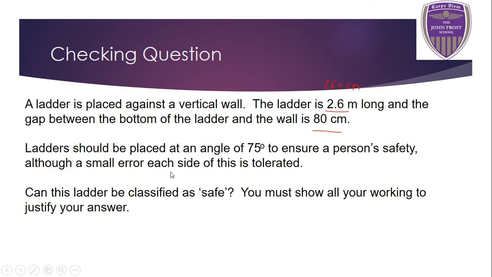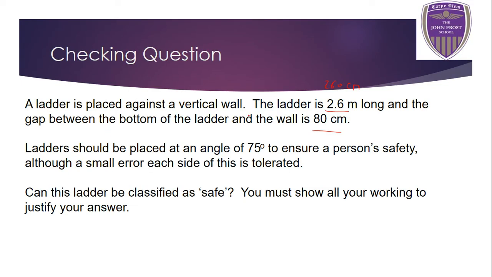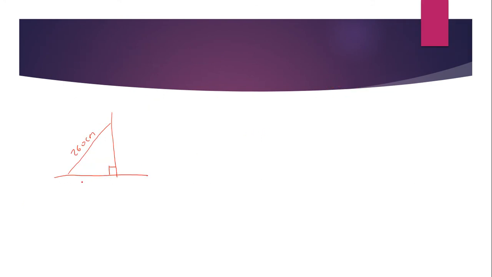So what else do I know? The ladder is 2.6 meters long, so the ladder is 260 centimeters long. And the gap between the bottom of the ladder and the wall is 80 centimeters. So, sorry, this gap here is 80 centimeters.